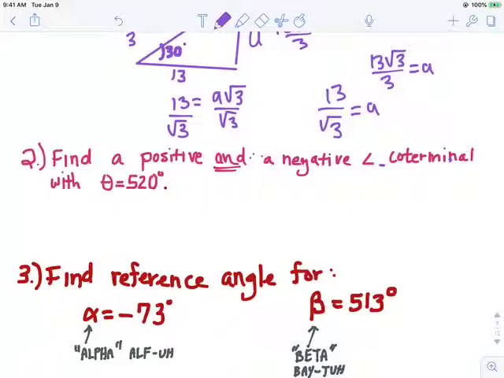Okay, so this one, I think, you divide it, but when you take off the 360, and then yeah, you're good.